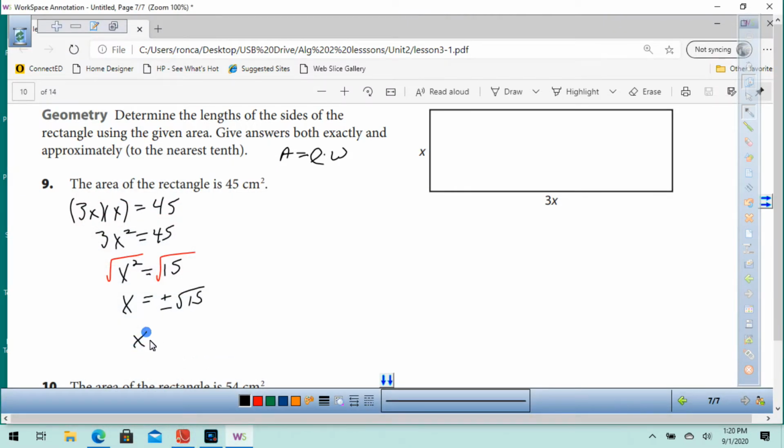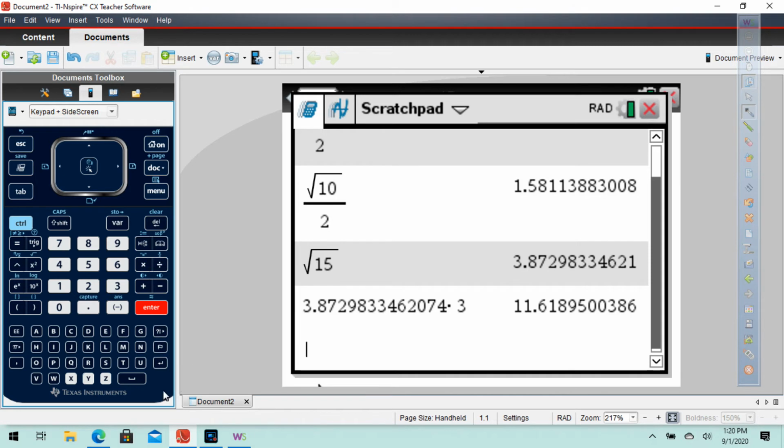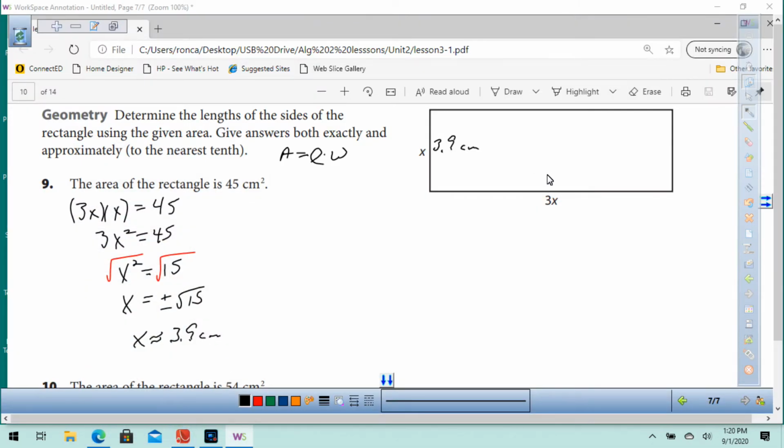So we're going to say x is approximately 3.9, was it centimeters? 3.9 centimeters. So this is 3.9 centimeters, and we're going to times that by 3. And we got 11.6 centimeters. And this is going to be 11.6 centimeters. Good deal?